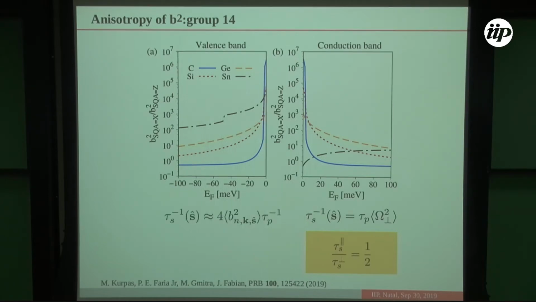So if we take this Elliott-Yafet formula, the spin relaxation rate for a given spin quantization axis is given by the spin mixing parameter parallel to the spin quantization axis, and you would get that spins in-plane would relax twice slower than spins being out of plane.